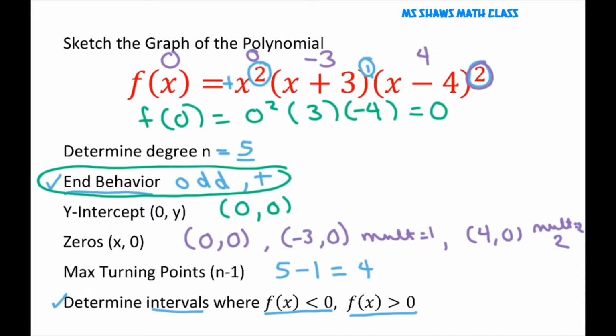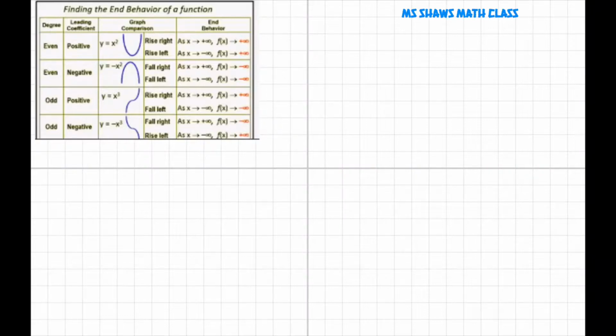So we're going to go back right here to our end behavior. We have an odd degree, which was 5, and our lead coefficient was positive. So we're in this section here. Ours really represents y equals x to the 5th power. That's the power function.